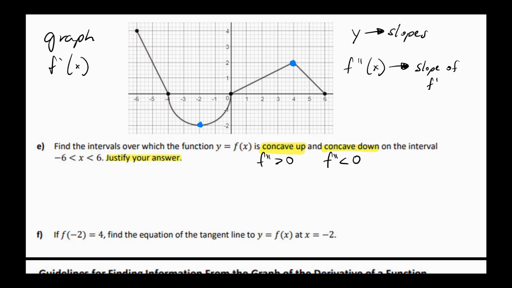So from here to here, that's one, that's another, and that's another. 3 parts to it. So is the yellow concave up or concave down?